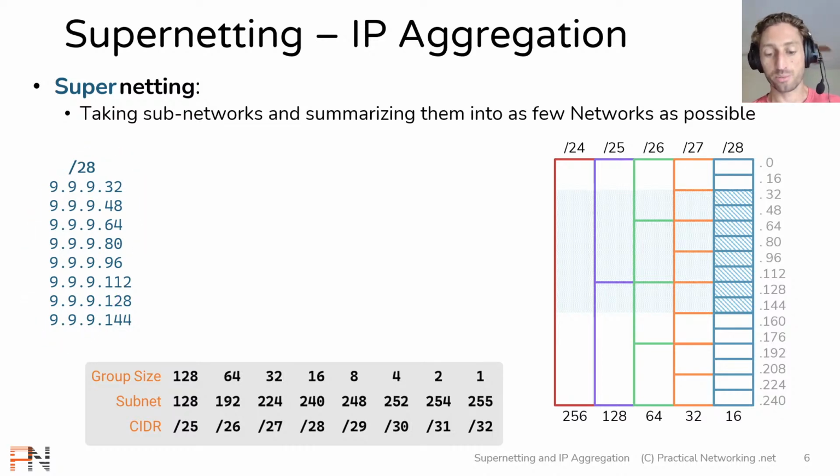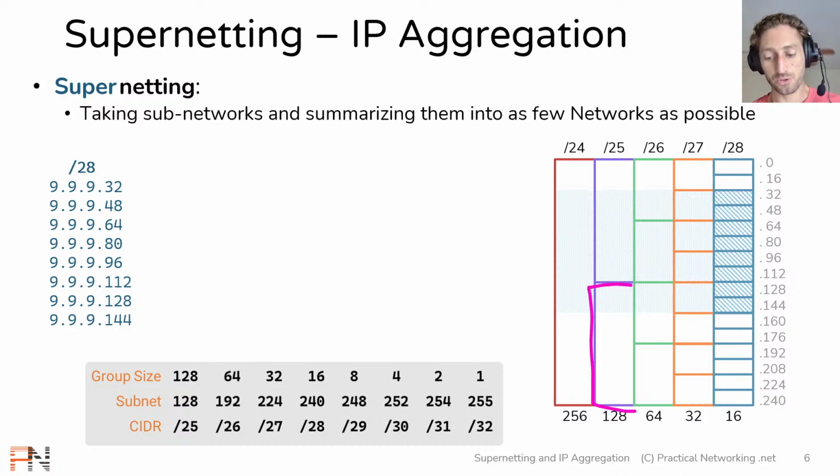But here's the problem. A /25 only starts here at 9.9.9.0 through 127, or 9.9.9.128 through 255. Which means if I use this /25, I'm accounting for these 6 /28s, but additional IP space here that I didn't mean to summarize.